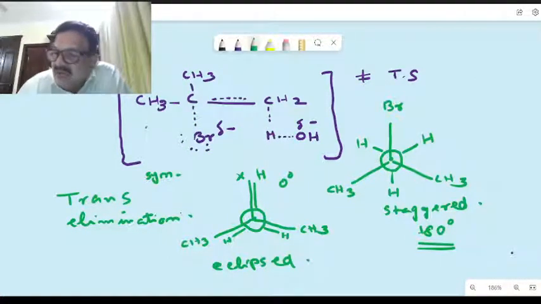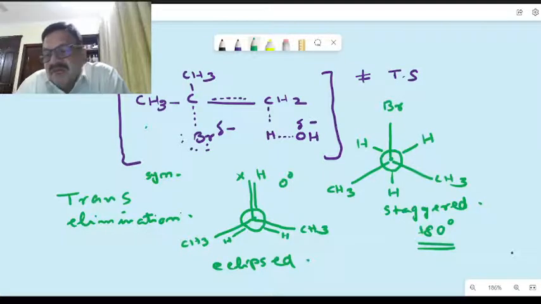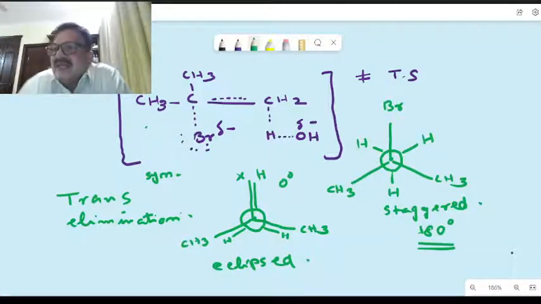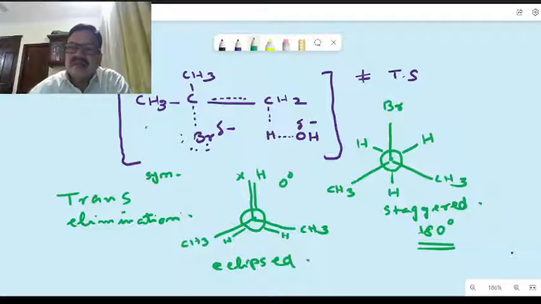This will allow the two electron-rich species, the incoming base and the leaving group, to be as far apart as possible. So whether it is a cyclic or an acyclic alkyl halide, this is the preferred orientation for beta elimination, E2 elimination.